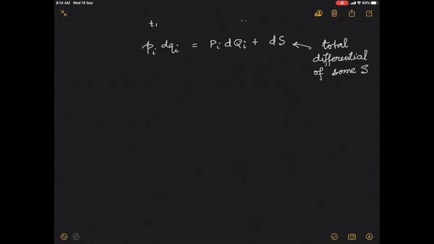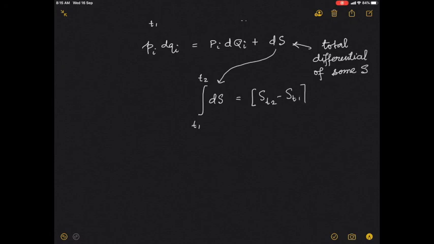If you look at just the part of the Lagrangian which does not depend on the Hamiltonian, then when I integrate it between t1 and t2, I will just get S at t2 minus S at t1.